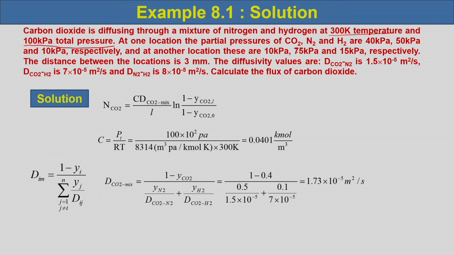So, here in one location it is given as 40% or 40 kilopascal carbon dioxide.